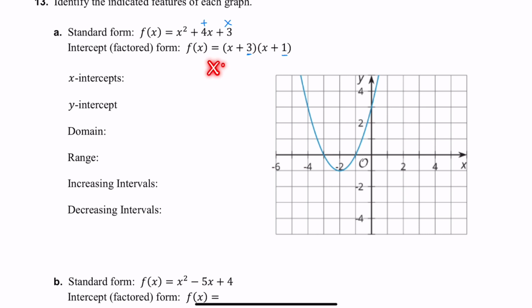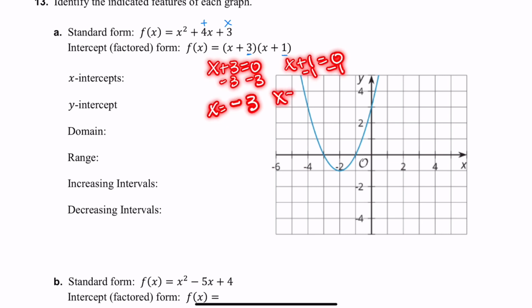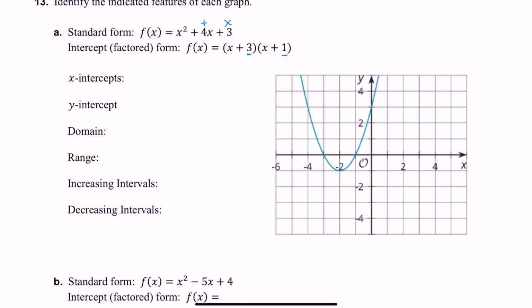So I'm going to say x plus 3 equals 0 and x plus 1 equals 0. And then I minus 3 from both sides and minus 1 from both sides, and x will equal negative 3 and x will equal negative 1 as my 2 intercepts where it's crossing this x-axis. Okay, so we have the points, x-intercepts would be negative 3, 0, and negative 1, 0.